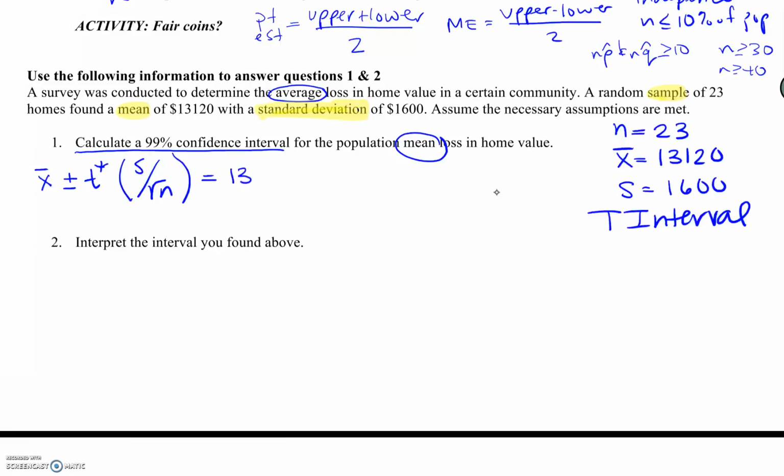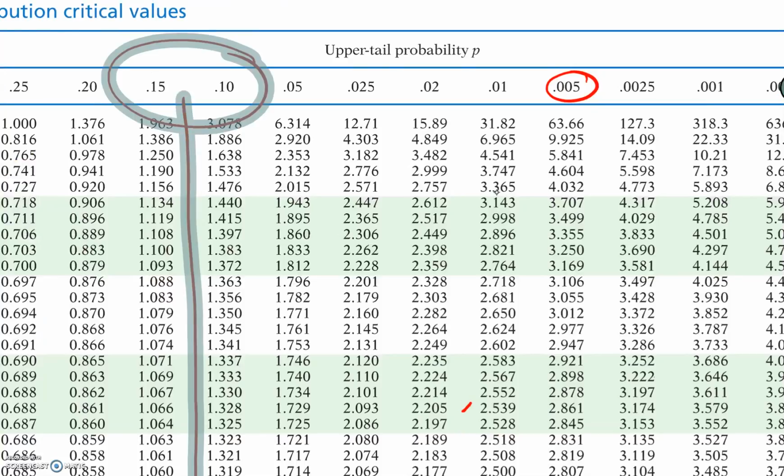So 13,120 plus or minus. The T star, remember, is the one part that's kind of annoying here. In order to find a T star, doing this by hand, I need a degree of freedom, which is just n minus 1. So 23 minus 1 will be 22. And then I'm going to go to that T table I'm going to give you on the test, right?